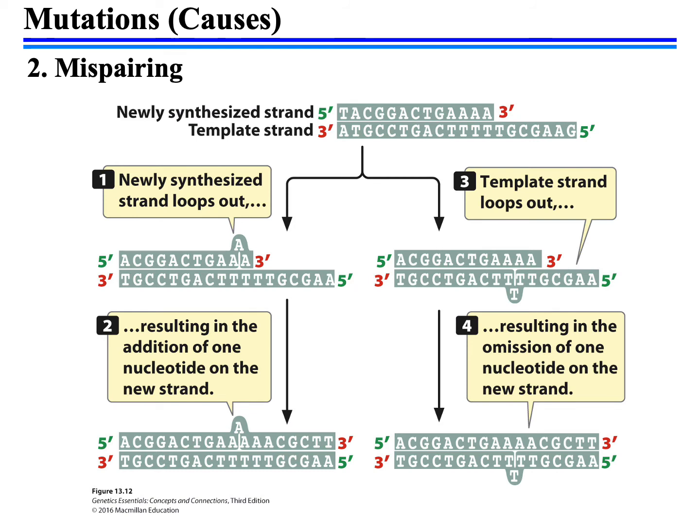If you follow that through to panel 4, you would see that there is an omission of a nucleotide, a deletion of a nucleotide that has occurred in the newly synthesized strand. So in either one of these situations, there is a problem that has occurred, either the insertion of an additional nucleotide or the deletion of a nucleotide.